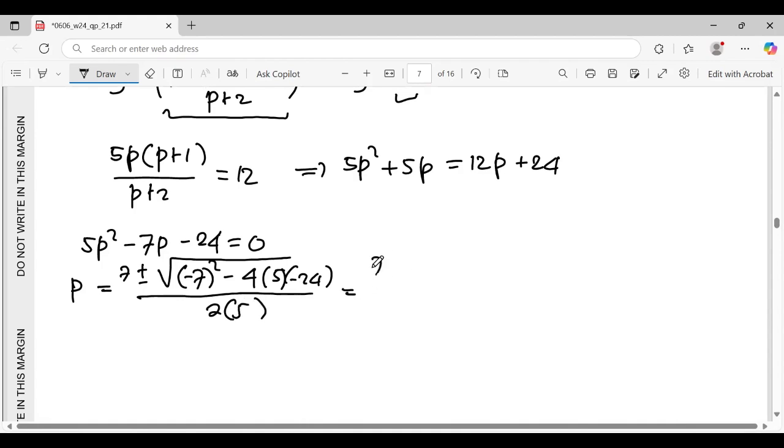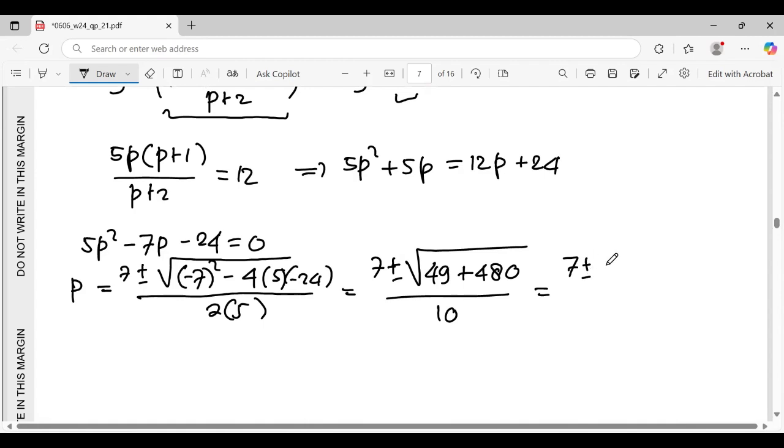So it becomes 7 plus or minus square root of 49 plus 480, over 10. So this is 7 plus or minus square root 529 over 10, and square root of 529 is 23.